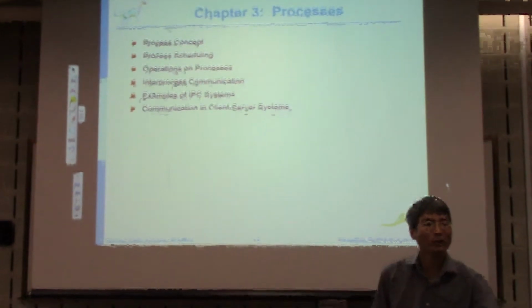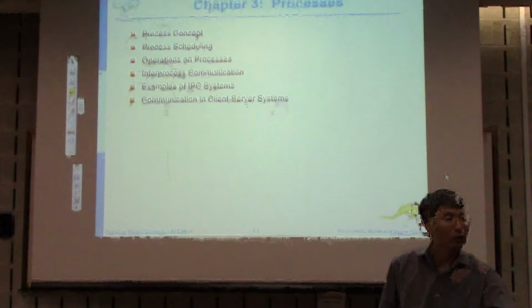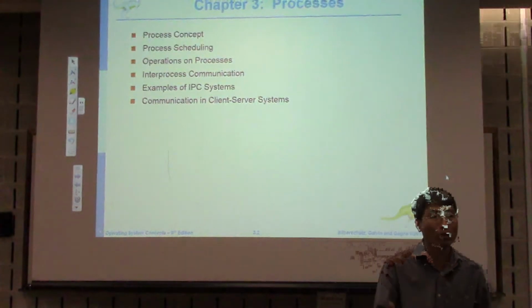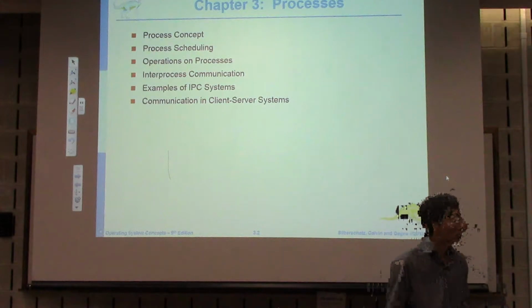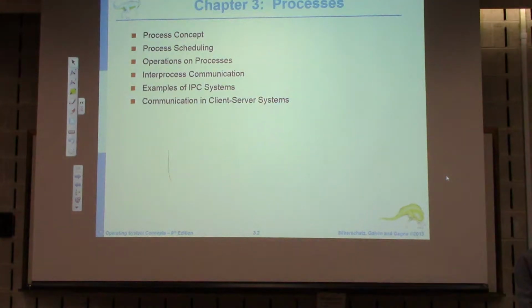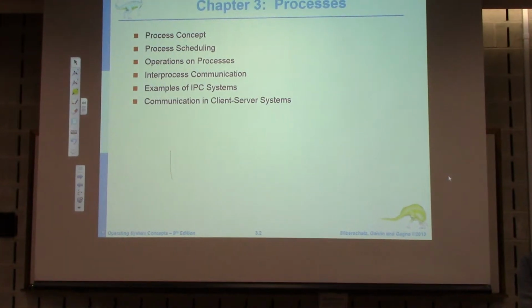We would just allocate resources for the new process and it could run. The problem is, unfortunately, that's not possible. It's even an ideal case. We do not have unlimited resources.